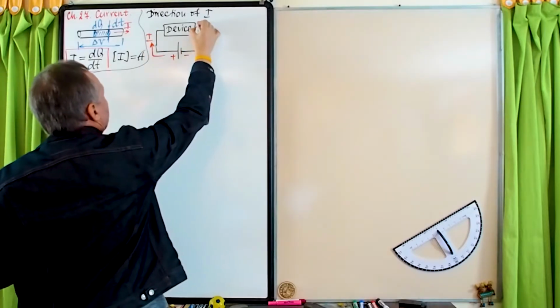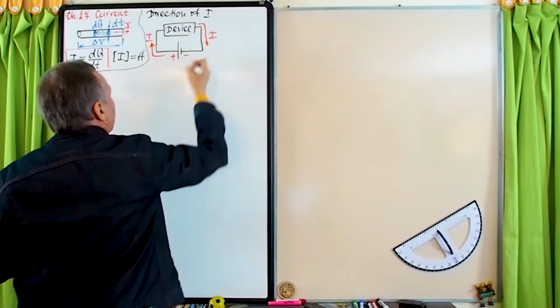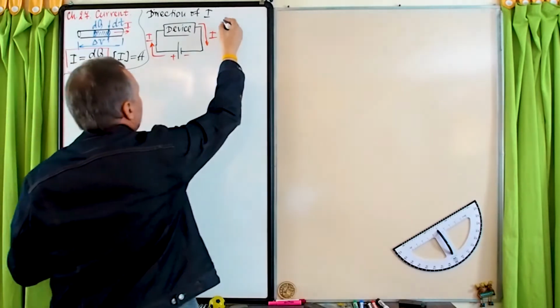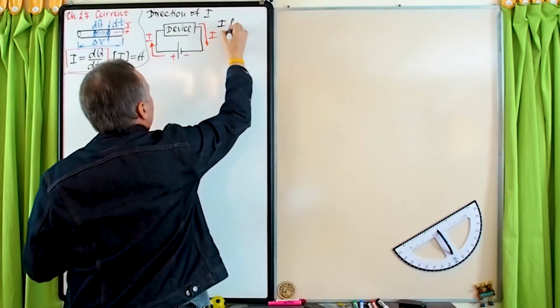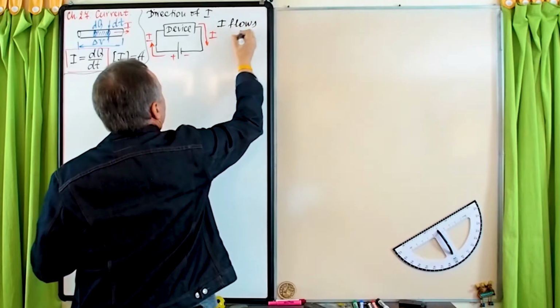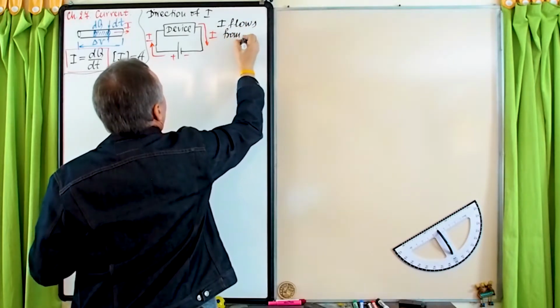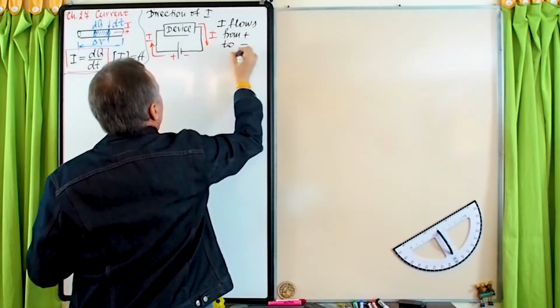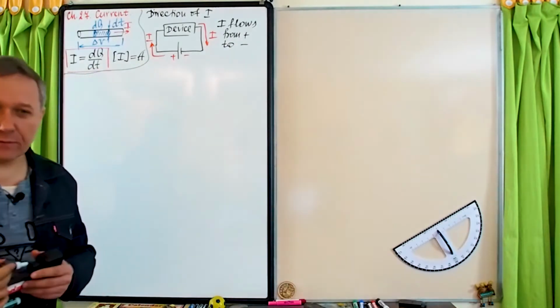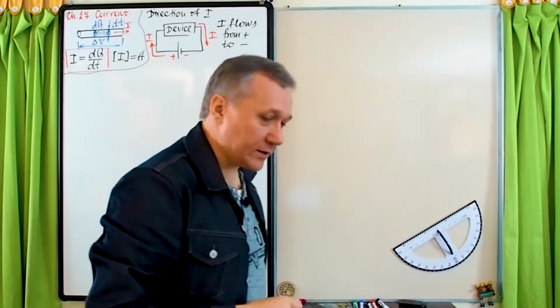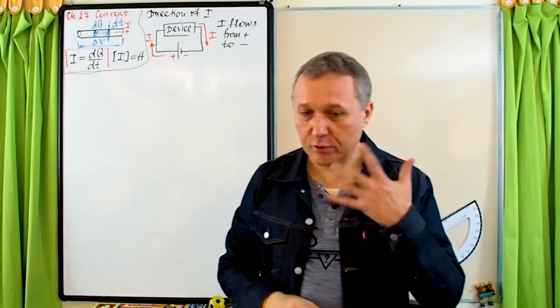So that's current. Okay, so let me write it. So I flows from plus to minus. Again, it's a convention. We discussed that convention thoroughly in the lecture.